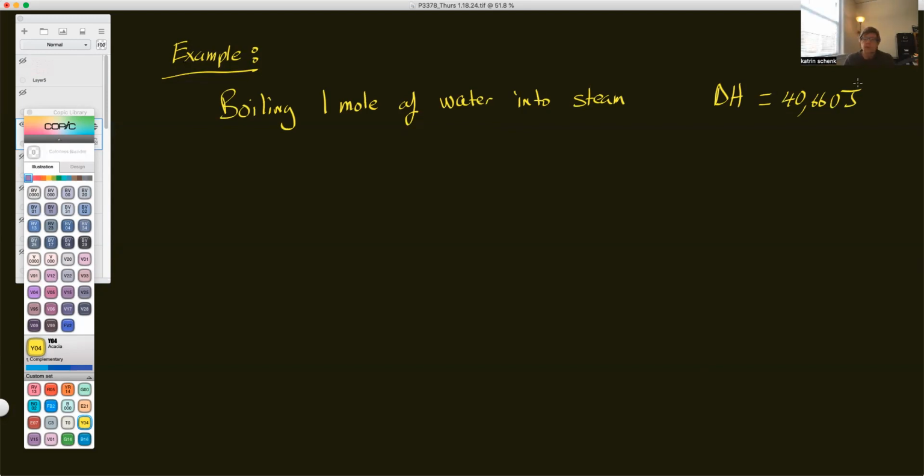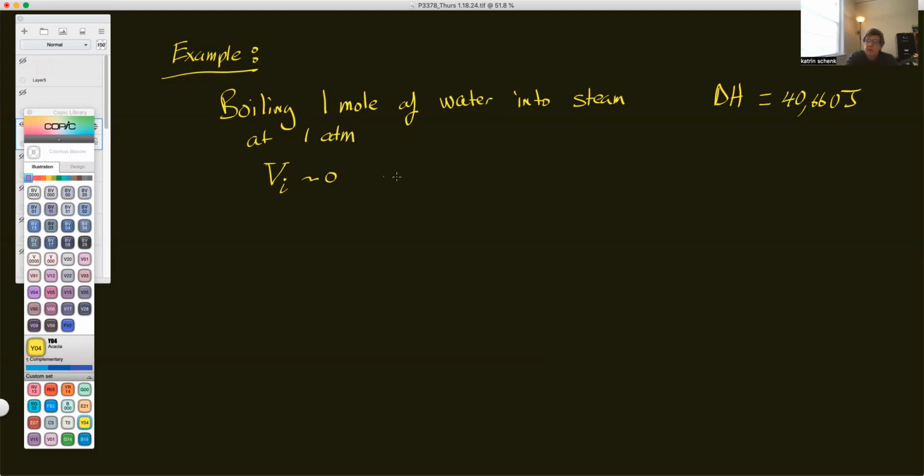Okay, so let's take a look. So we know that the original volume is approximately 0. So say you just have, 1 mole of water is not very much water. And we're at 1 atmosphere of pressure.